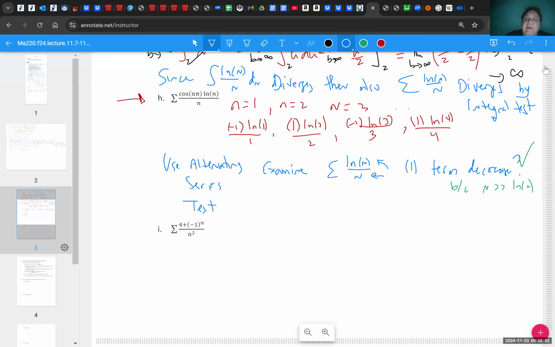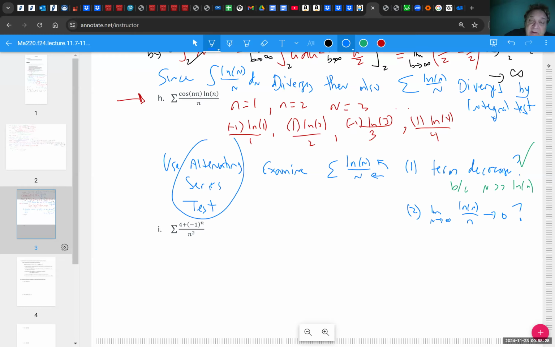The other thing we need to know is that the limit goes to 0. I don't know that yet, but if we can show that it goes to 0, and that the terms decrease and it alternates, then we know it converges by the alternating series test.